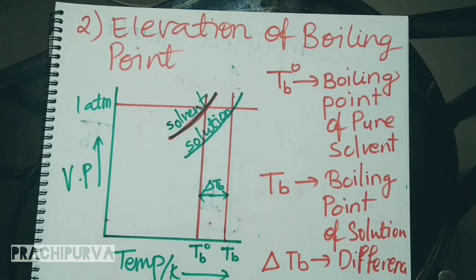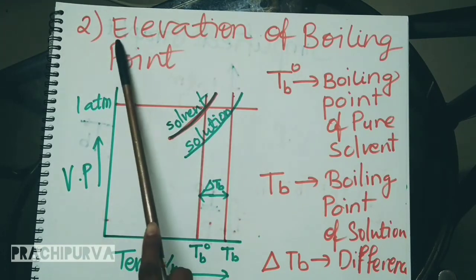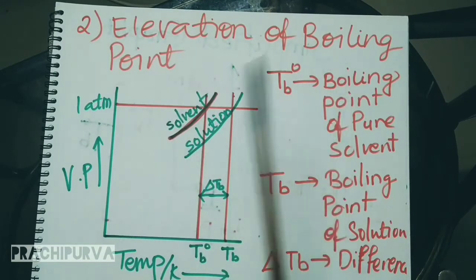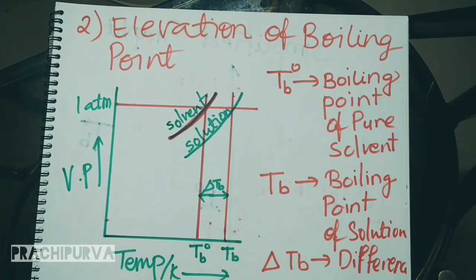See, one thing you have to remember, whatever is written, these properties are comparison between pure solvent and solution. So what was the boiling point of pure solvent? And when I add some solute to it, what happens to its boiling point? So whatever difference is happening is because of the amount of solute you have added. So by that I can know how much solute is there.